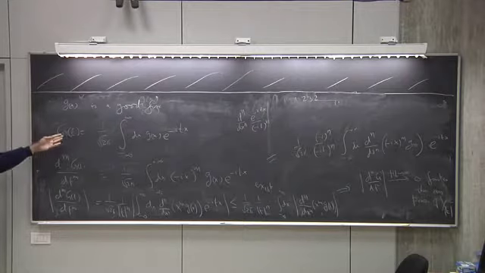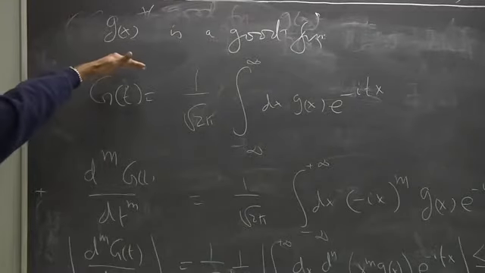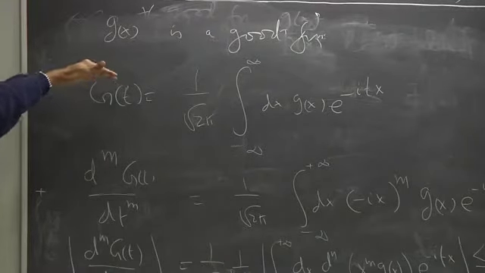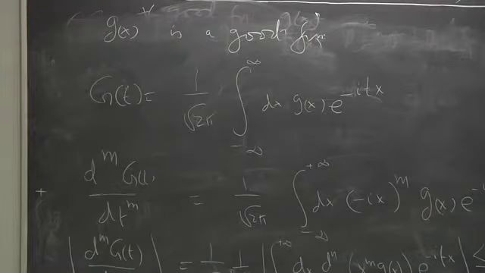Now we can take again the inverse Fourier transform, right? And it will turn out that the inverse Fourier transform exactly gives you back g of x. You see, the Fourier transforms work very nicely for these good functions.